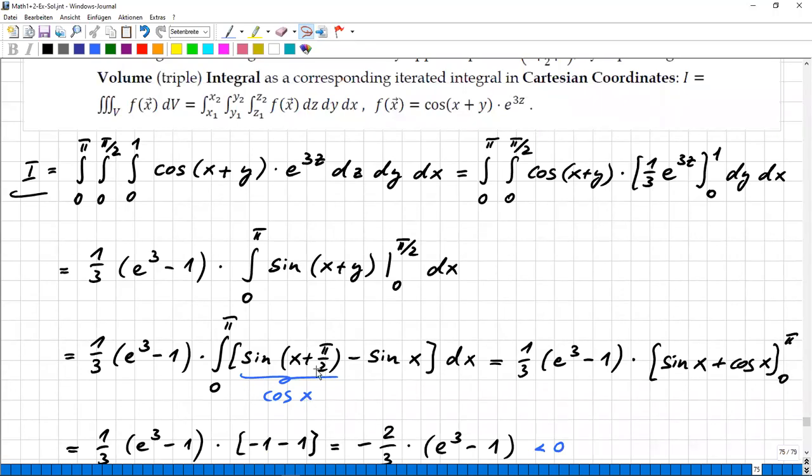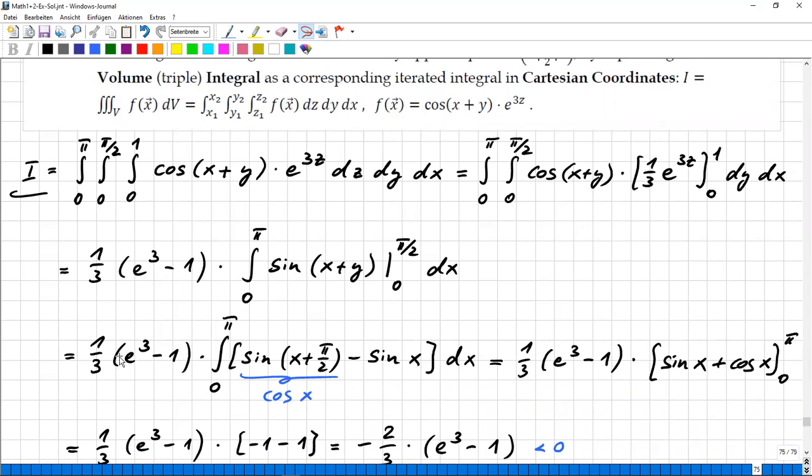You also know that the sine of 0 is 0, while here, if I take x equals 0, I get sine of pi half, which is 1. And this is characteristic for the cosine function, that its maximum sits at the position x equals 0. So that's a good way of testing it. Now, you remember this is just a factor we got before, which is constant and may stay outside.